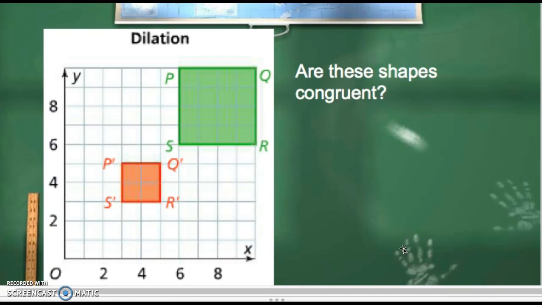Another transformation that is different than a rigid transformation, and as we go through this unit, you'll find out why they're different, but it has to do with one of the characteristics of a dilation. With this dilation, are these two shapes congruent? Well, you can see clearly that this square is smaller than this square. So we already know that they're not congruent.